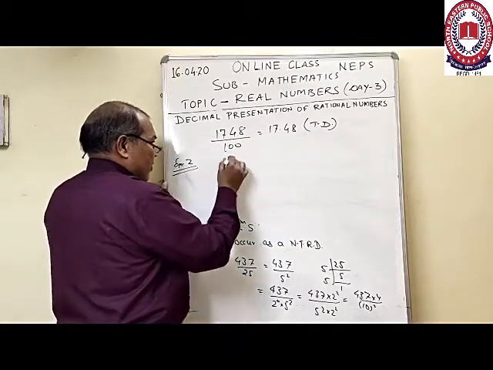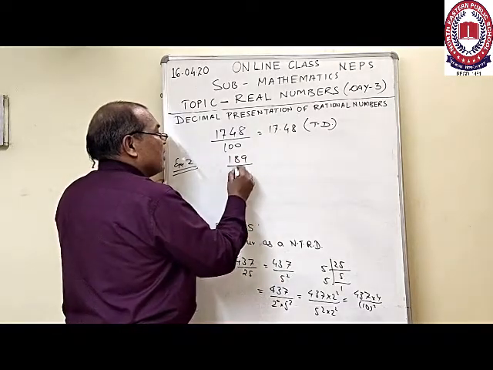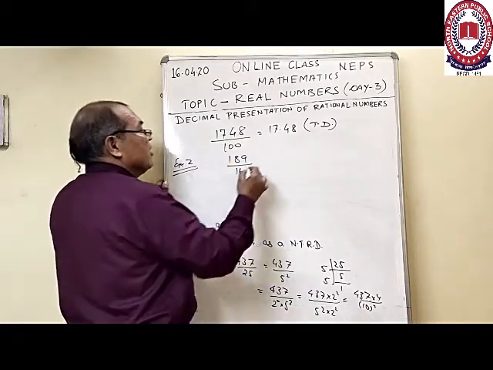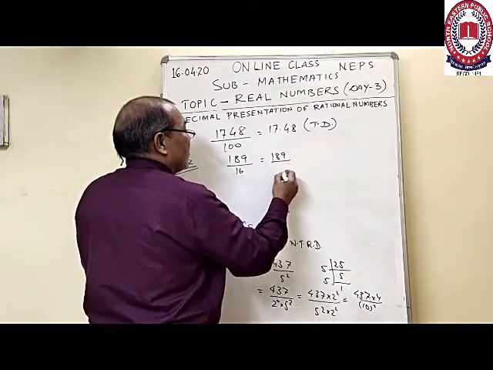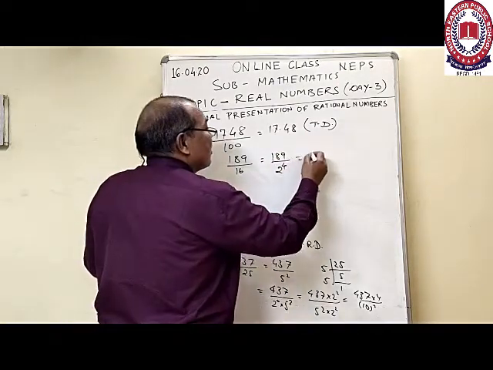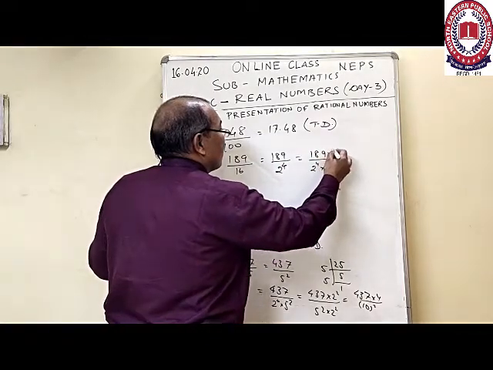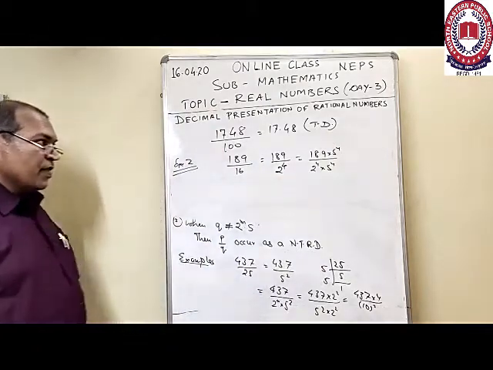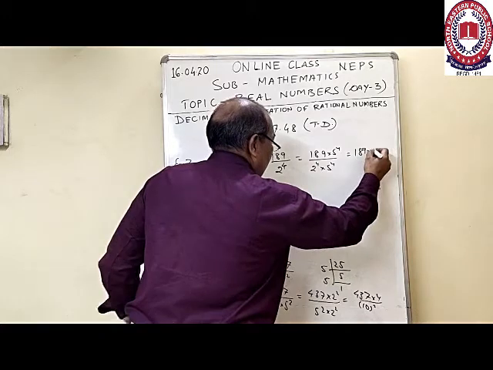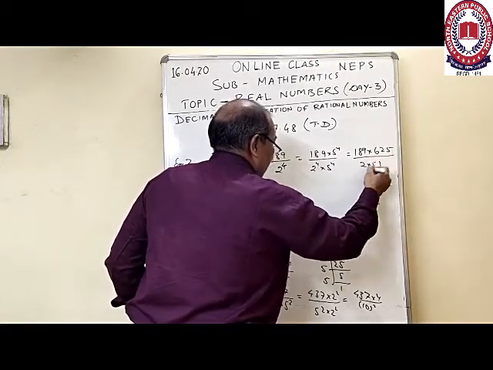Example 2. 189 upon 16. So that is 189, but 16 can be written as 2 power 4. So this can be written as 189 upon 2 power 4, and multiplying by 5 power 4 in numerator and denominator, we see 189 into 625, and the denominator is 2 into 5 to the power 4.